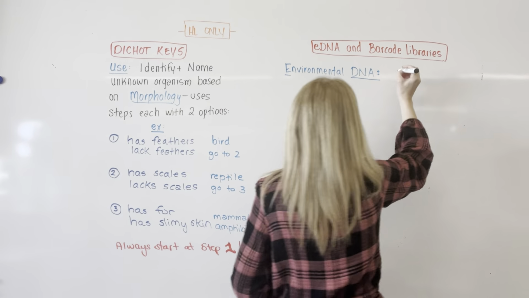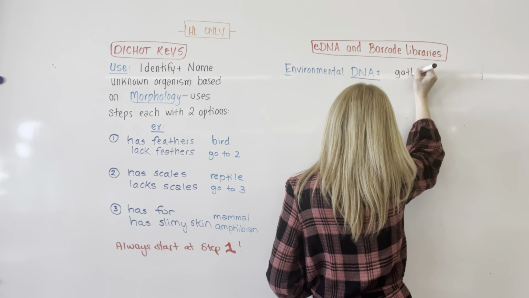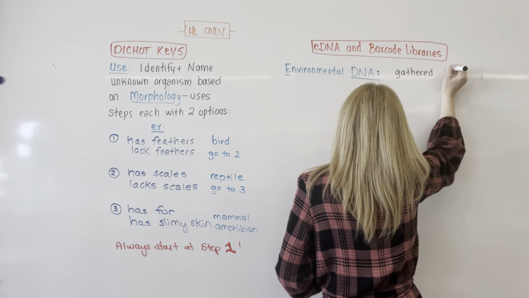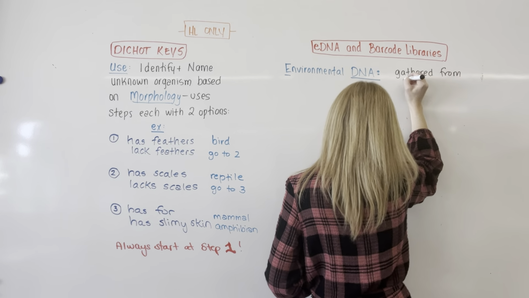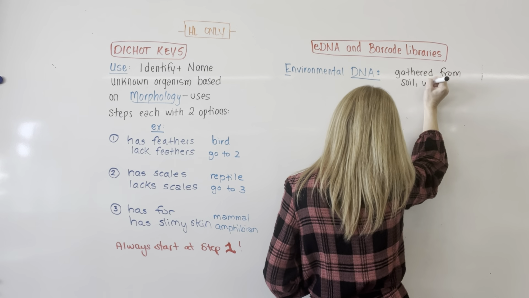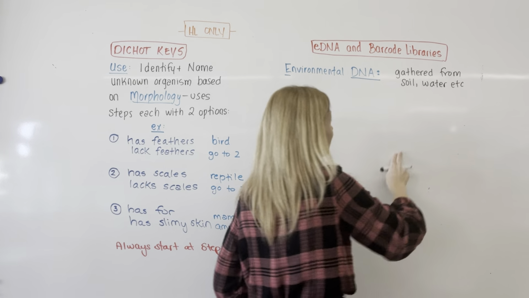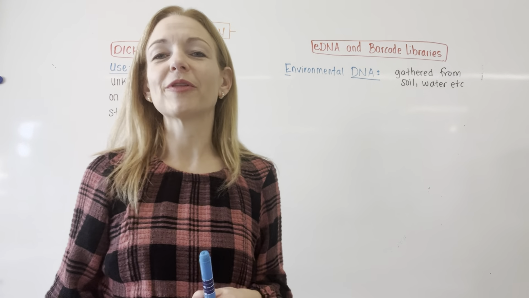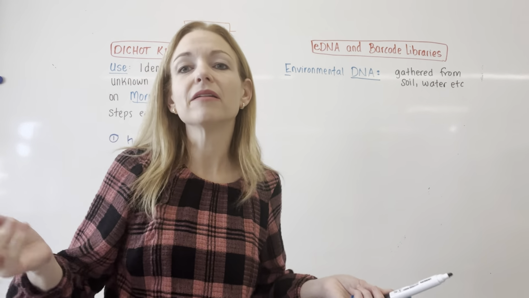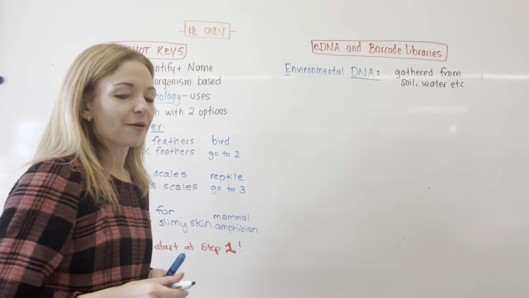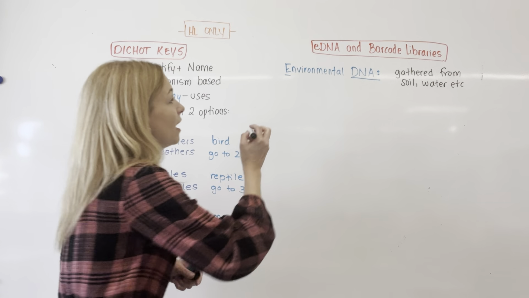So it's DNA gathered from some sort of habitat. So a lot of times it will be soil or water. Those are probably the 2 most common ones, but you could come up with other habitats where that might be sand, things like that as well. And then the idea is, where did the DNA come from?